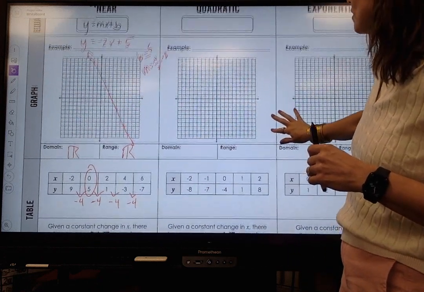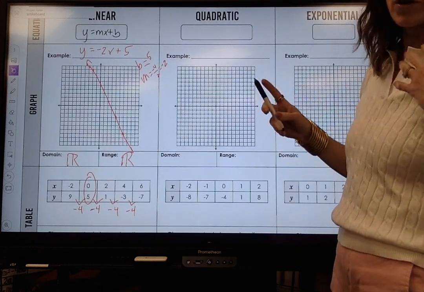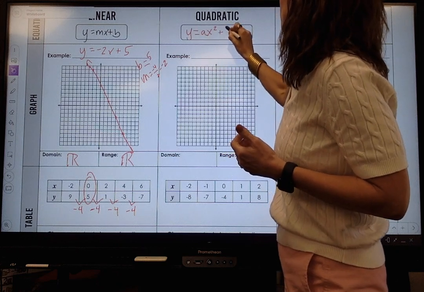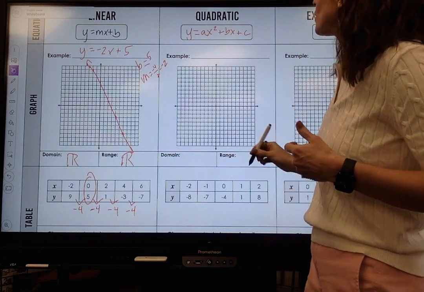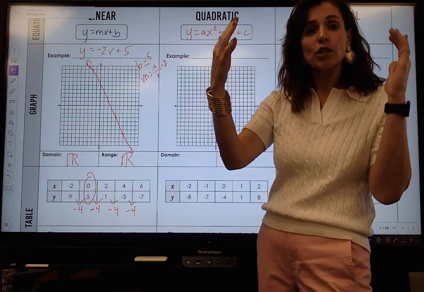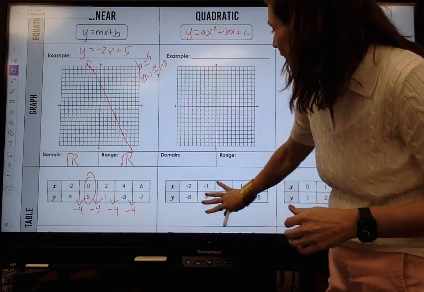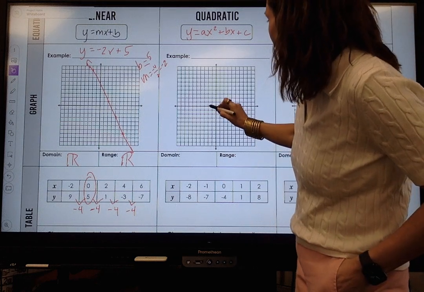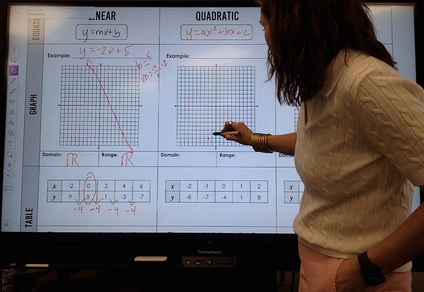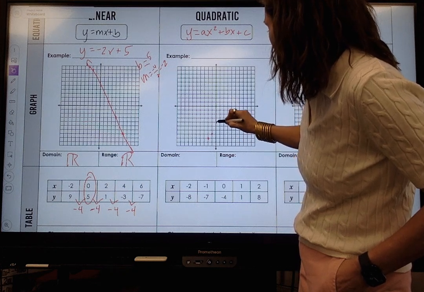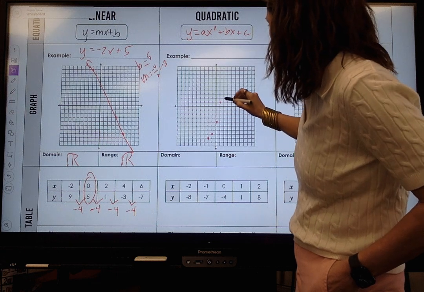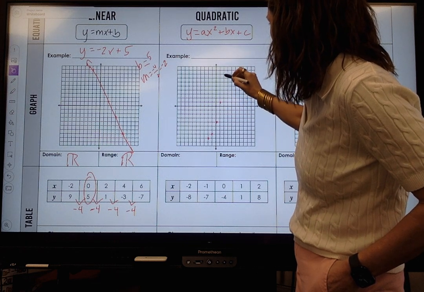All right, now let's look at a quadratic. So the quadratic equation, which we did at the beginning of the year, looks like this. And the squared part is what gives it that parabola shape. So if I were to plug in these values here, I get -2, -8; -1, -7; 0, -4; 1, 1; and so on.